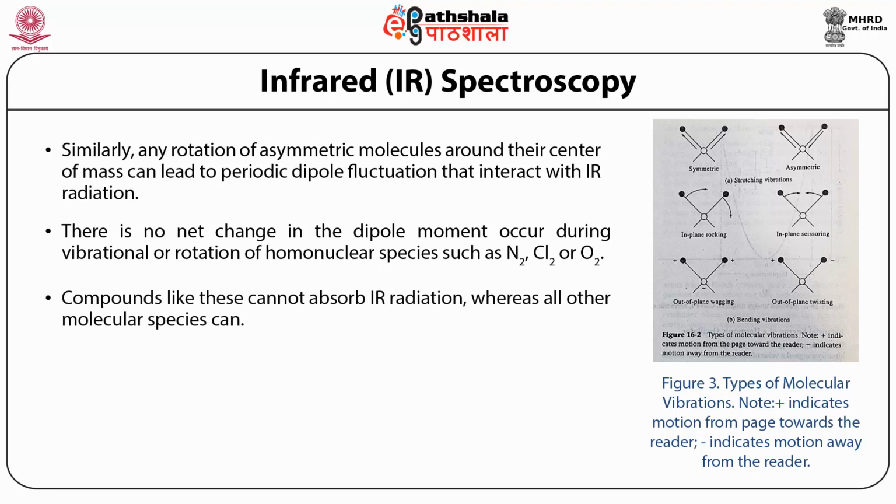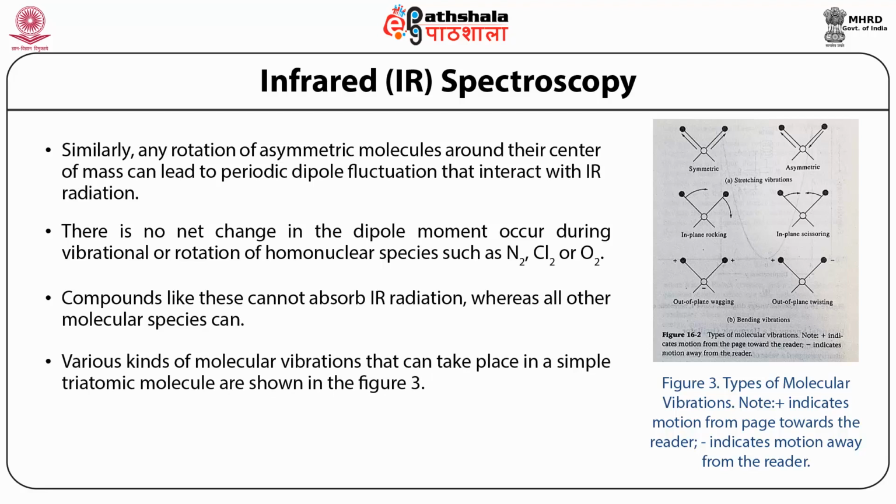Compounds like these cannot absorb IR radiation, whereas all other molecular species can. Various kinds of molecular vibration can take place in a simple triatomic molecule, as shown in figure 3. Broadly, they are classified as stretching and bending vibrations.